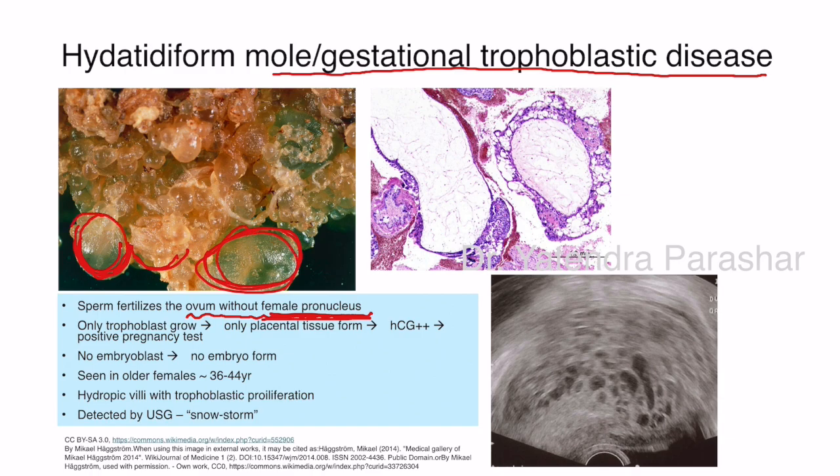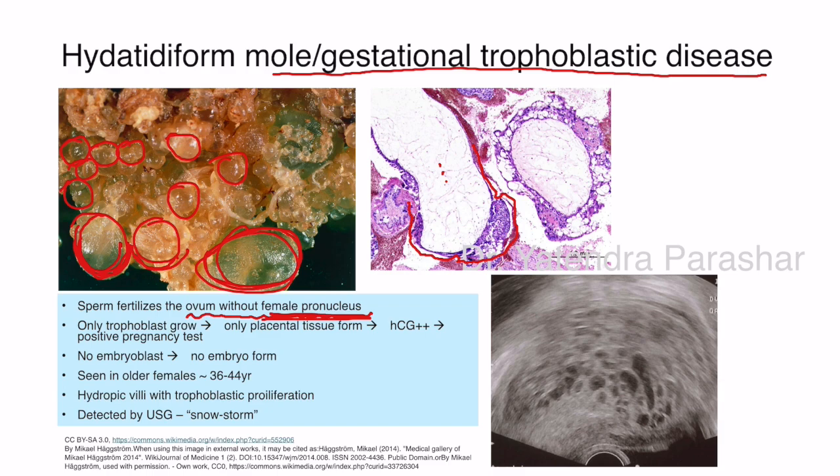This is seen as a cluster of grapes, and these grapes are nothing but the villi which are swollen up due to water, hydropic villi. Here in the histopathological examination, we can see the outer trophoblastic tissue, and this is the space filled with fluid.